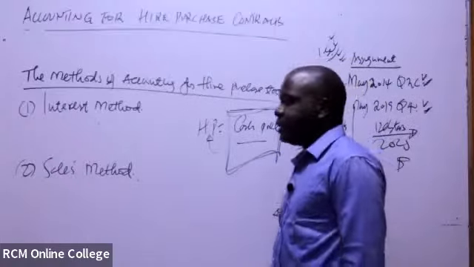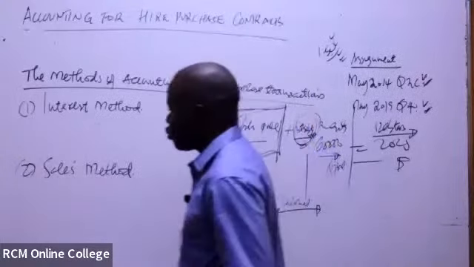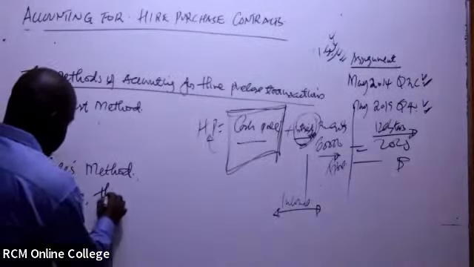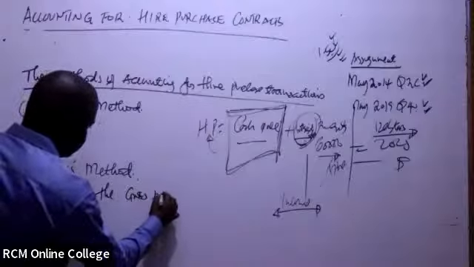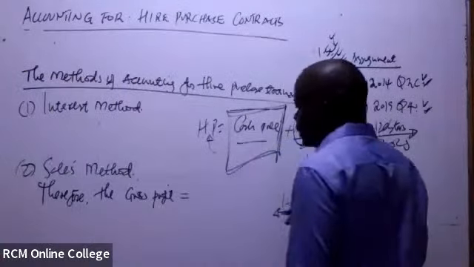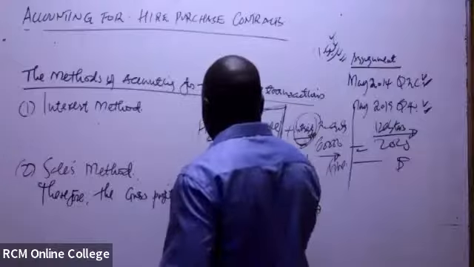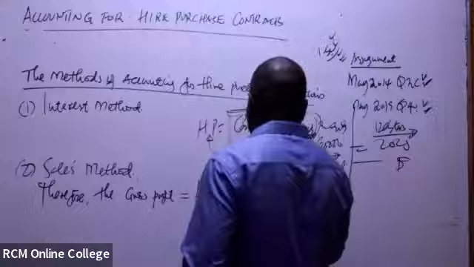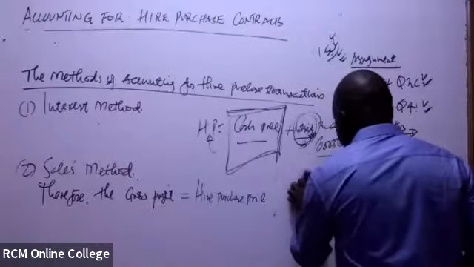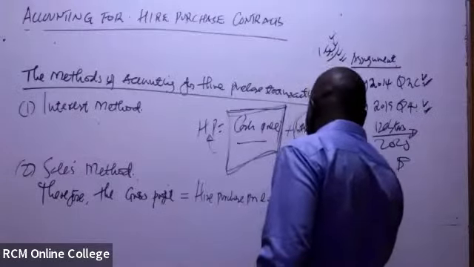Therefore, the gross profit is equal to the higher purchase price minus the cost of sales.